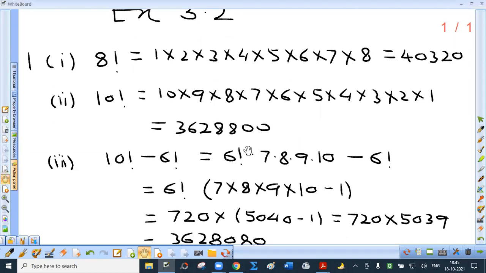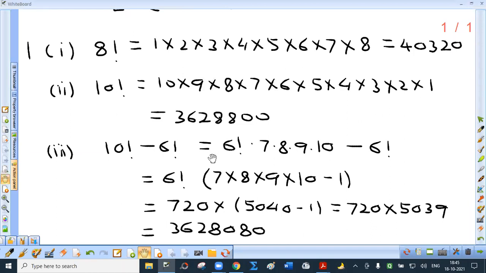36,28,800. 10 factorial minus 6 factorial. You may say we have already obtained this, so we'll just subtract 720 from this. Absolutely right. But if only this is required, what will you do? That is why I have used this method. 10 is greater than 6. Factorial of greater can be expressed in terms of factorial of smaller.